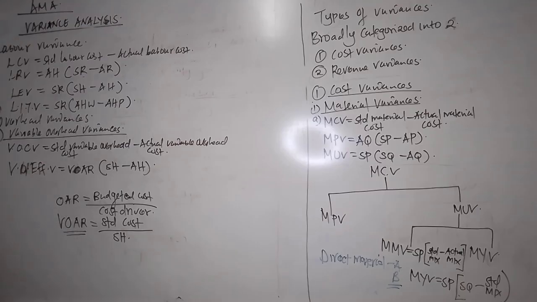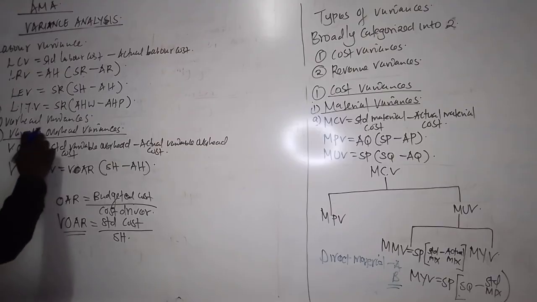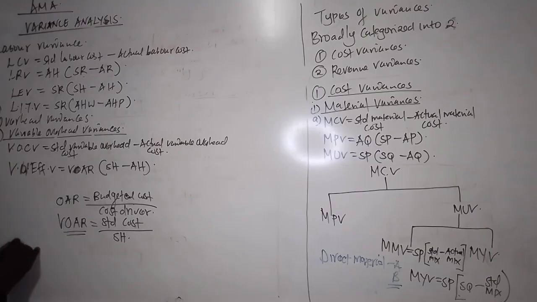Other than the variable overhead efficiency variance, the last variance under variable overhead variances is the variable overhead expenditure variance.